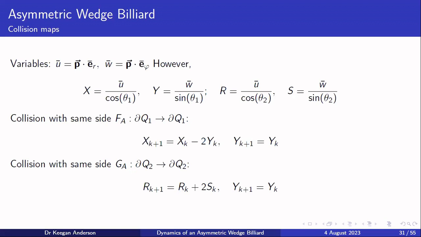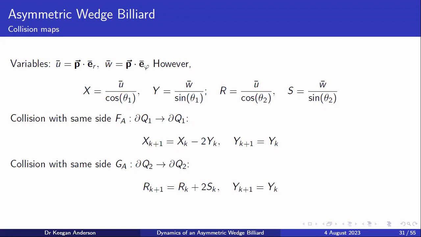The two bottom equations illustrate the collision maps for collisions with the same side, which I call F of A and G of A. F of A is a collision on the right-hand side wall: the particle starts on the right-hand side wall and collides with the right-hand side wall. G of A is where the particle collides with the left-hand side wall if it starts on the left-hand side wall.